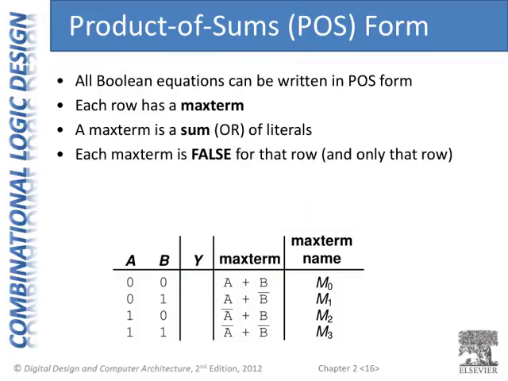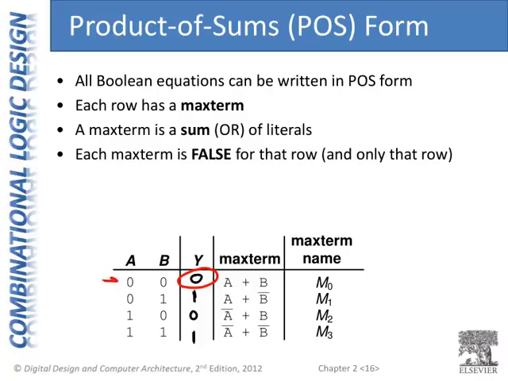So in our products of sums form, we're going to use these max terms and AND them together to create an equation. So we can take the same function that we had before, the 0, 1, 0, 1 function, and we want to now focus on the zeros, so where we want our output y to be 0.